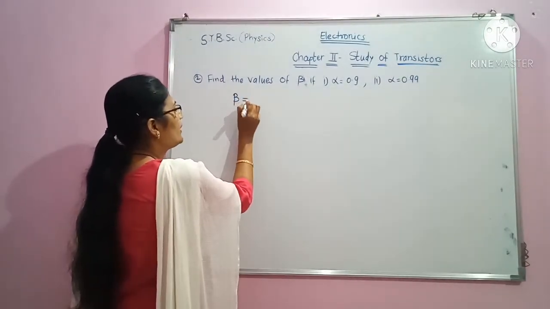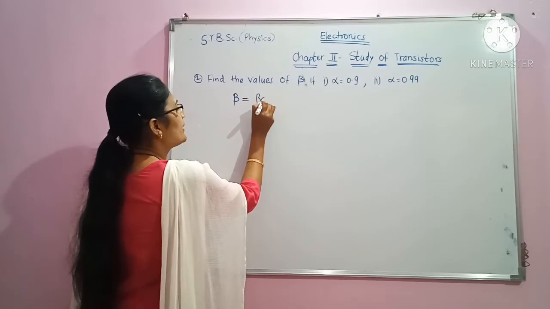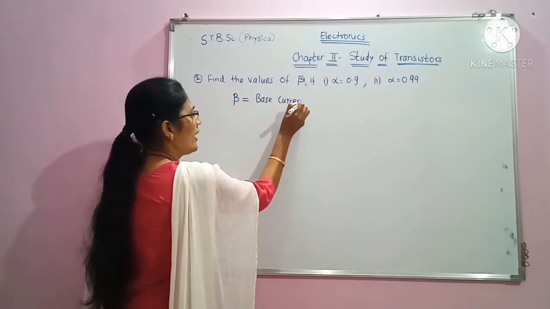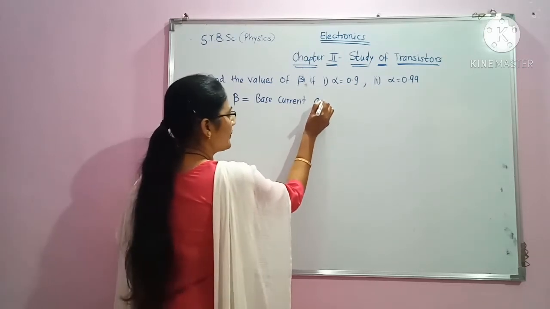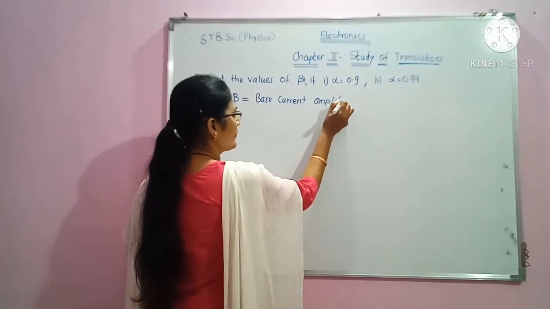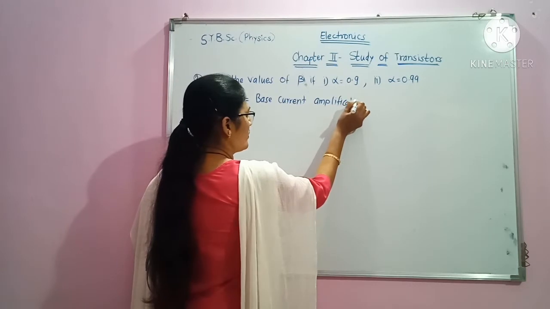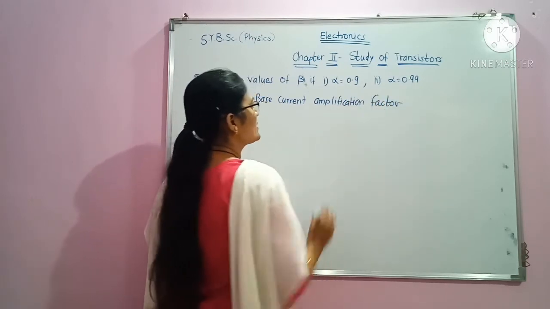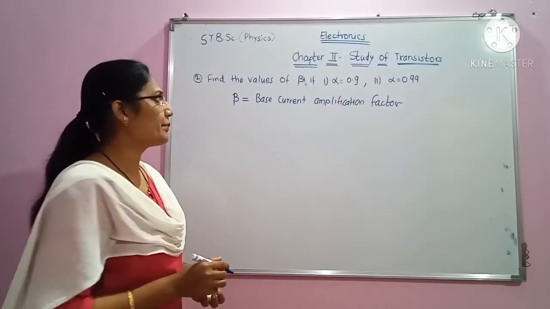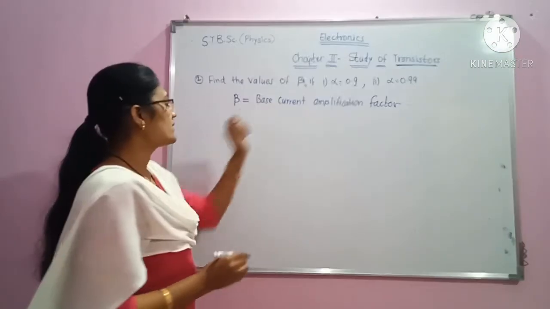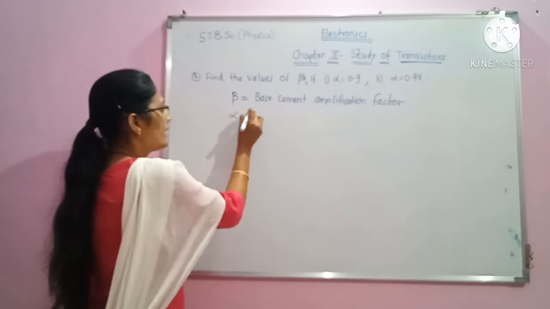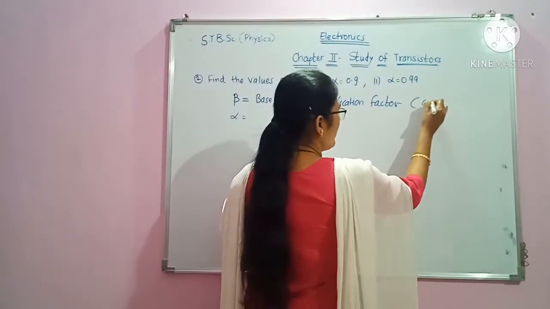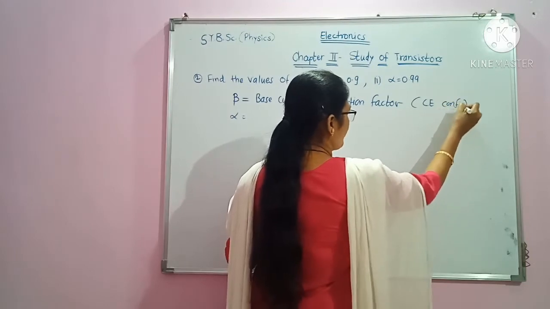Beta is nothing but the base current amplification factor, during common emitter configuration.